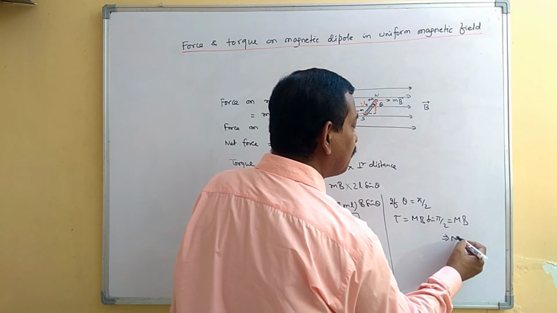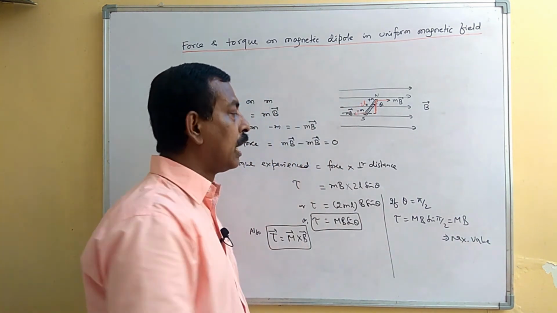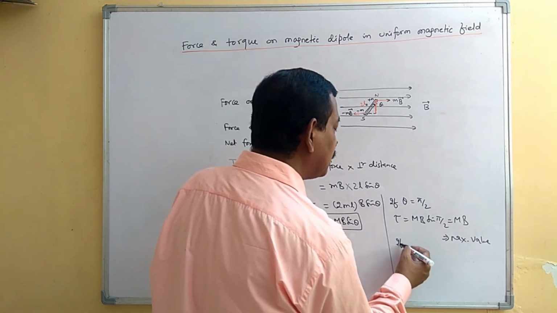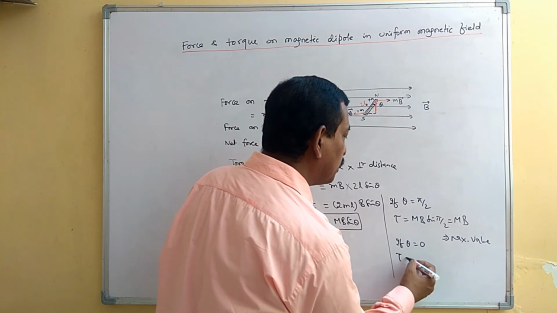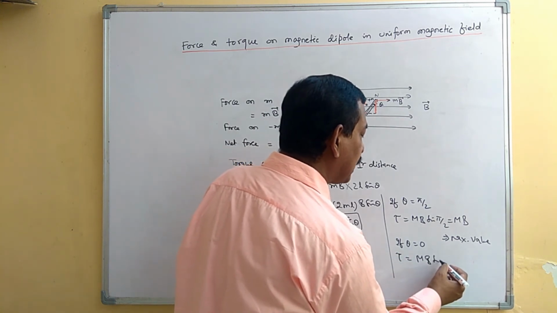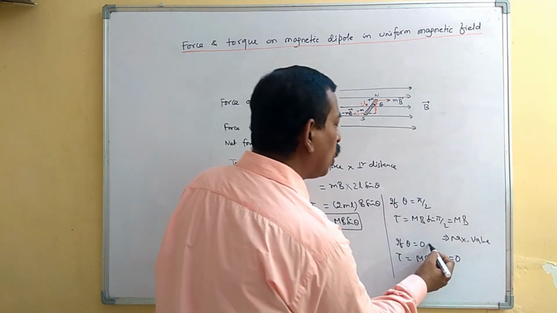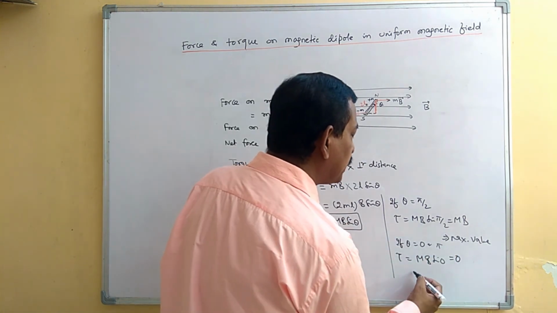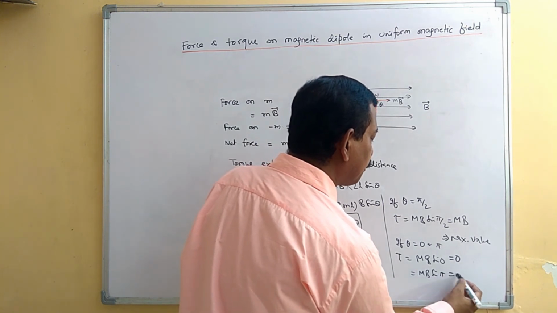This is the maximum value. Whereas if theta is 0, then the torque will be MB sine 0, and that is 0. Whether it is 0 or pi, there also it will be 0.